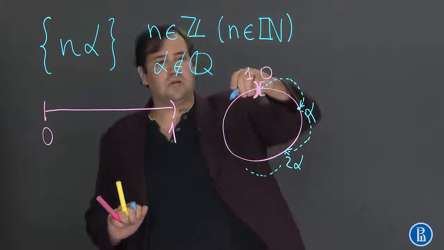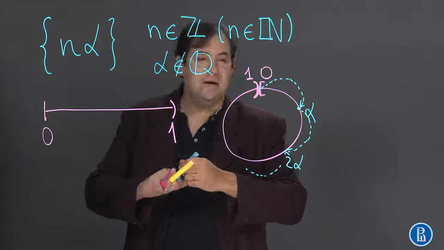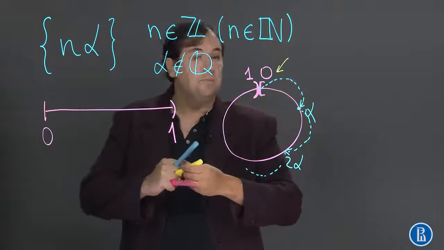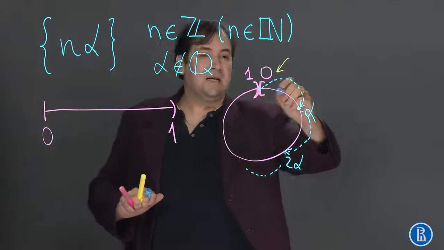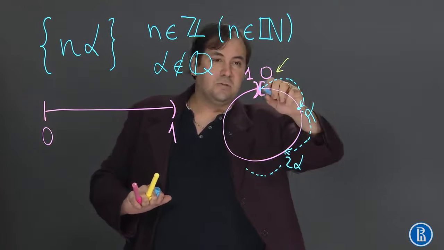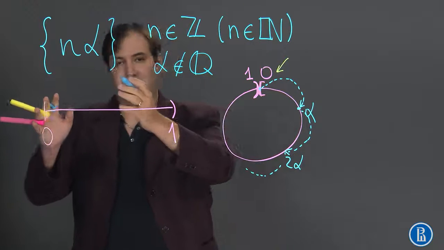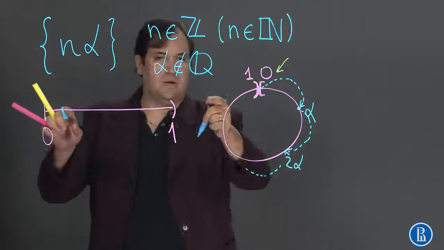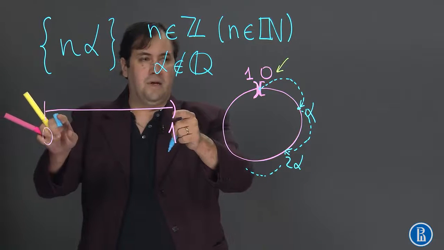And when the grasshopper jumps over the beginning of this circle, where by beginning I mean this point here, the origin of the circle, it appears to be again on the circle, as the fractional part, when the number inside is greater than 1, appears to be again between 0 and 1.